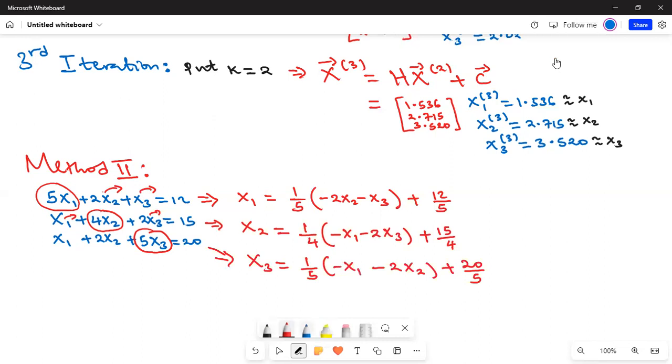Having done that, on the left you put the level as k plus 1 in each of them. On the right, the level is k, each of them at level k.